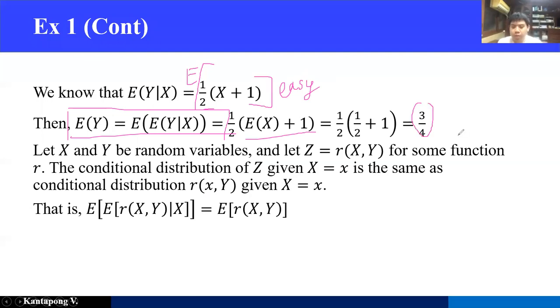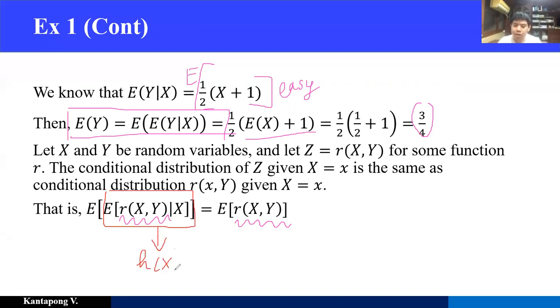Let X and Y be random variables, and let C be r of X, Y for some function r. The conditional distribution of C given X is the same as the conditional distribution of r of X, Y given X. That is, any random variable doesn't matter, because here it is a function of x.